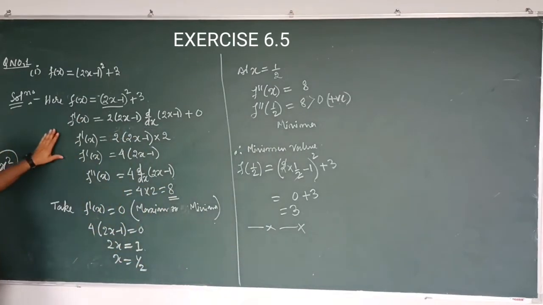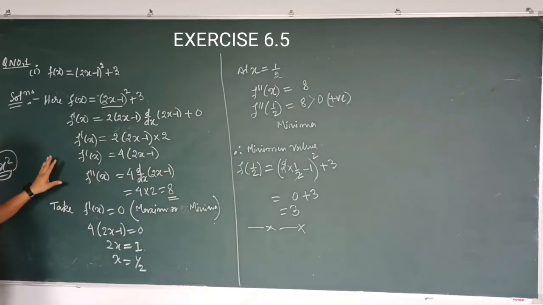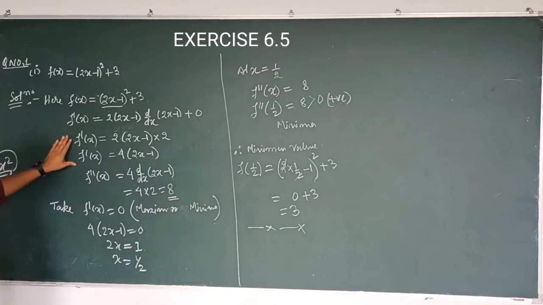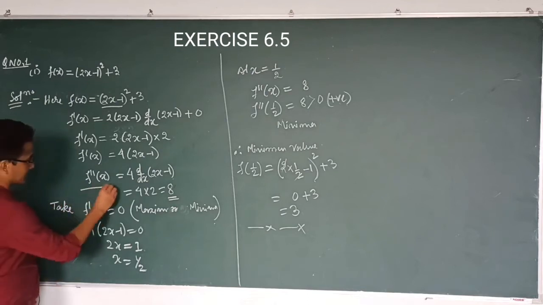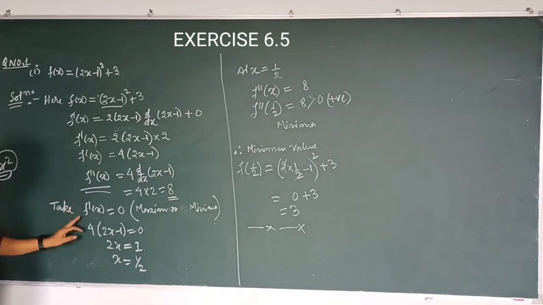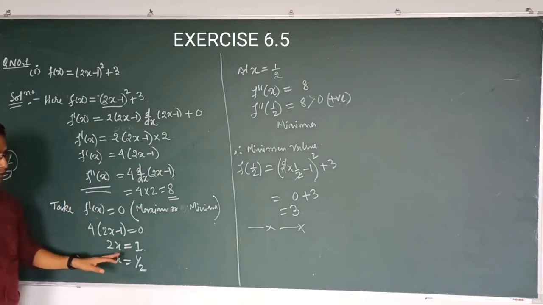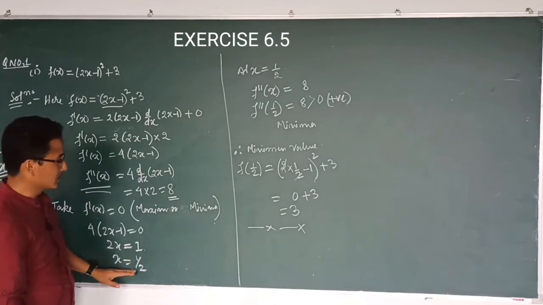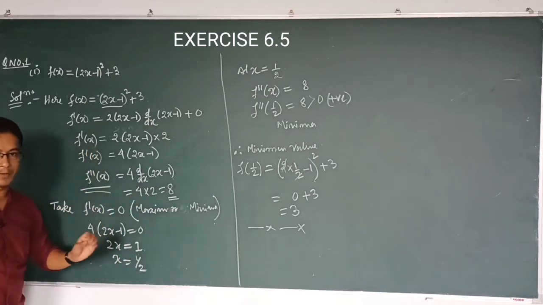This is by the second derivative test. So once again I explain. I will take the function, then the first order derivative, then the second order derivative. With the help of the first order derivative we will find the critical point. Now, by getting the critical point alone, we don't understand whether the function is maxima or minima.